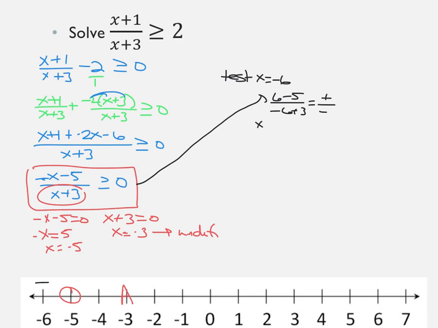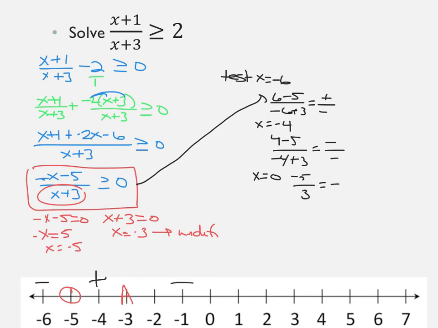If we test x equals negative 4, we will have 4 minus 5 over negative 4 plus 3, which would be a negative over a negative, which is a positive. And then I'm going to test x equals 0 also. So we'll have negative 5 over 3, which is a negative.